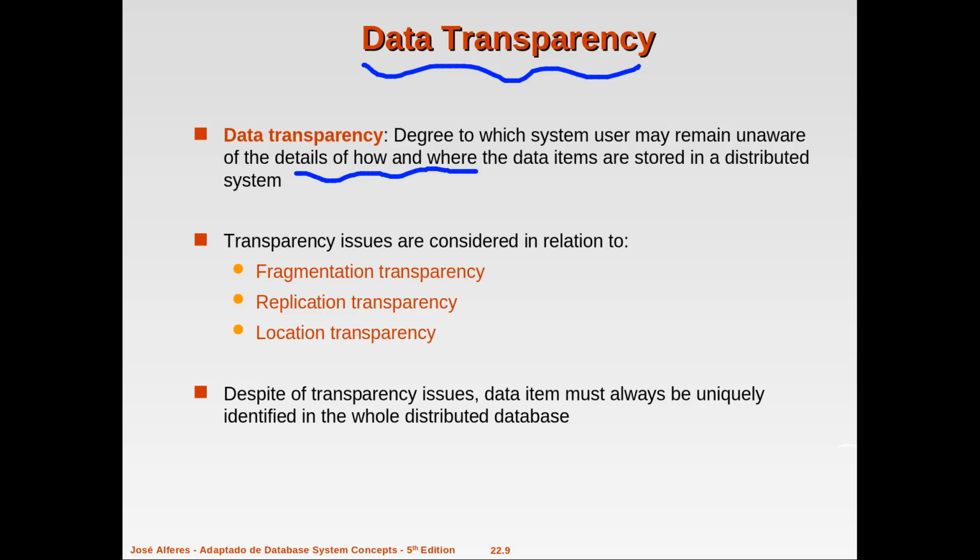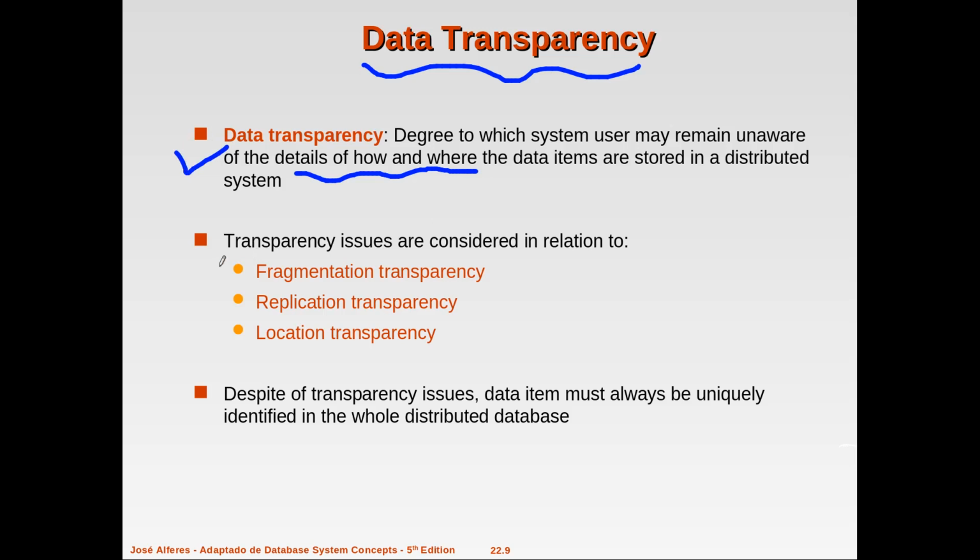If I require some account details, I submit the query and I am unaware of the storage, in which site it is stored, in which fragment, or whether a number of replicas are available. We are unaware of all this information, still we can access that data. That degree to which the user may be unaware of these details is called data transparency.